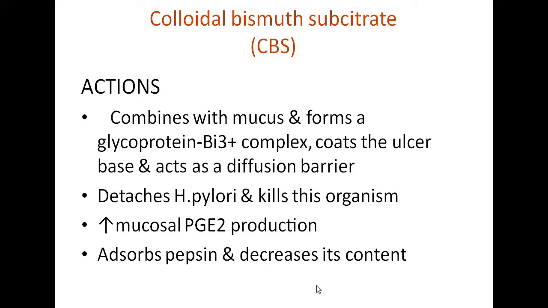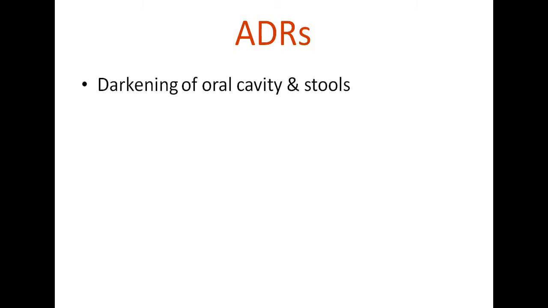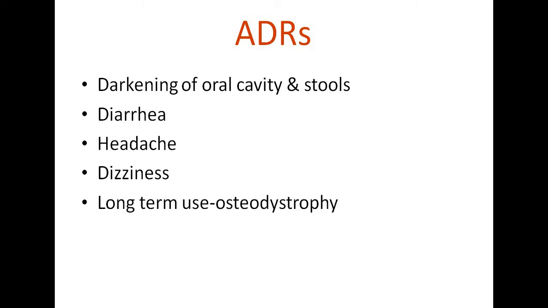So all these actions of colloidal bismuth subcitrate protect the ulcer from further acid attack. Adverse reactions include darkening of oral cavity and stools, diarrhea, headache, dizziness, and long-term use can cause osteodystrophy and encephalopathy.